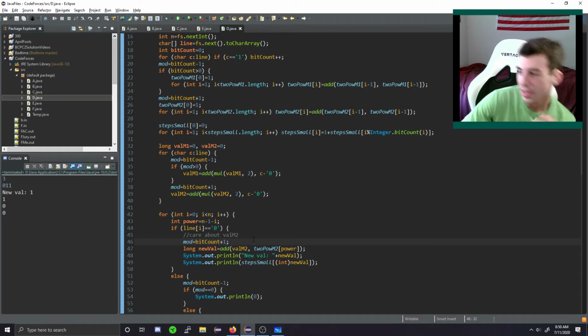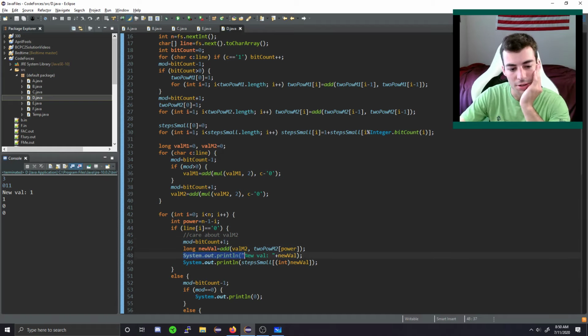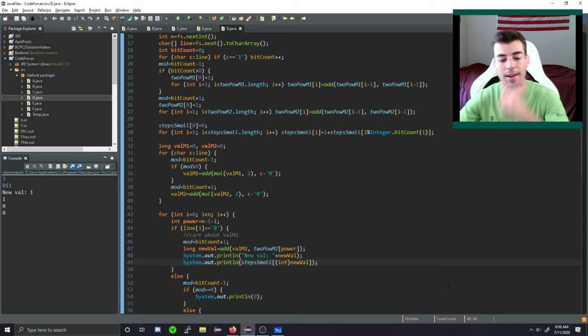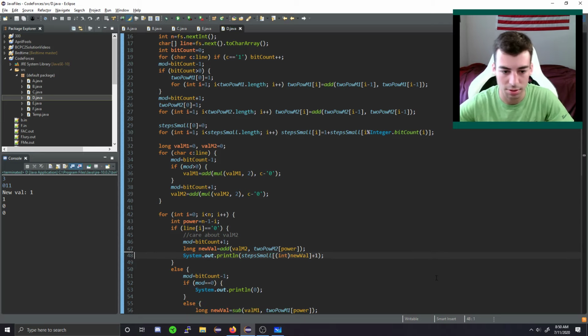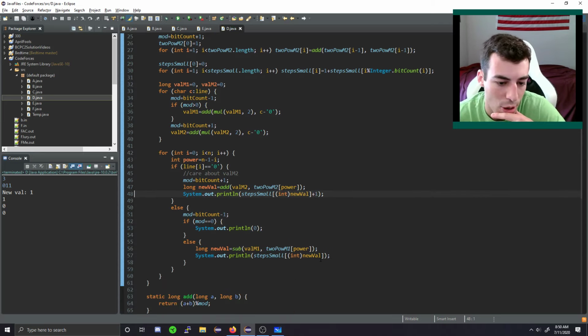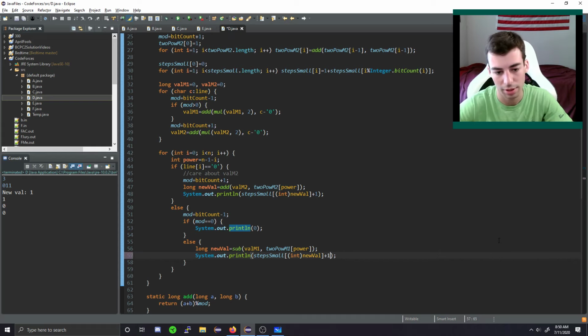All right, so do I need to add 1 because this is under mod? Huh. I think I do. I think that needs to be plus 1. And now if it's 0 under mod, like if the mod is 0, then the answer is just 0. If the mod isn't 0, then I add 1 here.